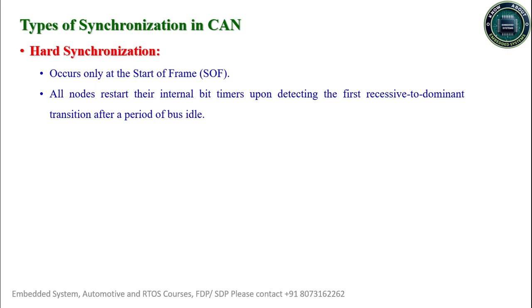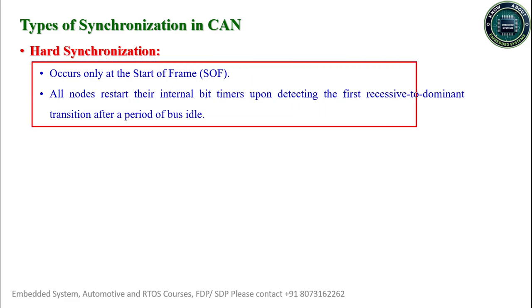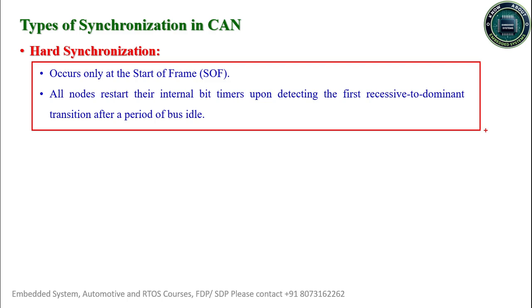Hard synchronization refers to every ECU or every node aligning or synchronizing at the start of a bit. Whenever you're transmitting any data, we start with one particular bit called the start of frame. Every message or frame will have this start of frame bit.